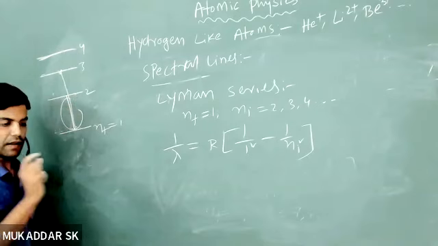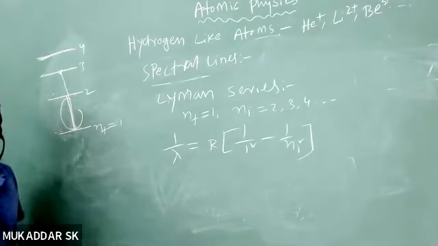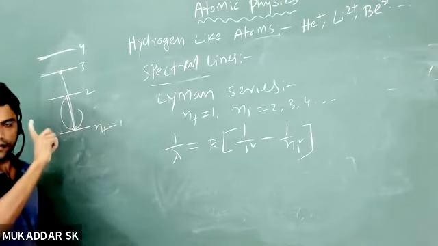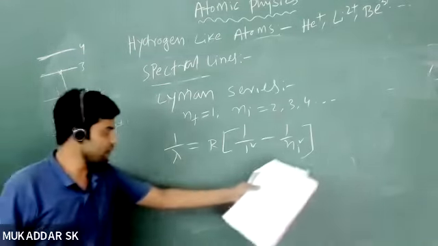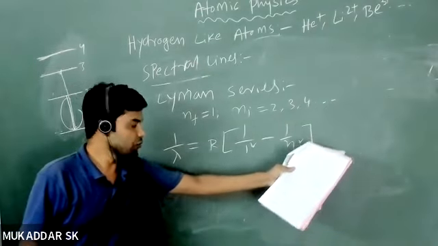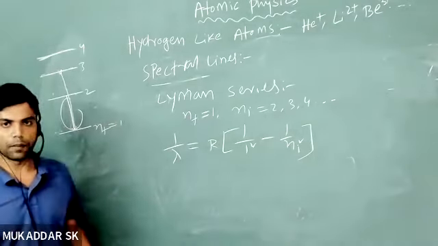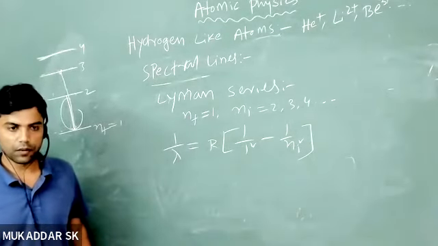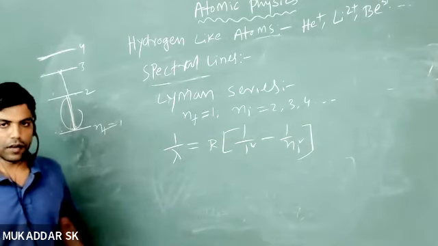It means if the energy is small, lambda will be large, because E equals hc by lambda, right? If the energy is small, then lambda will be large. So that means when Ni equals 2 in the Lyman series, lambda will be maximum, right? Did you get what I am saying?